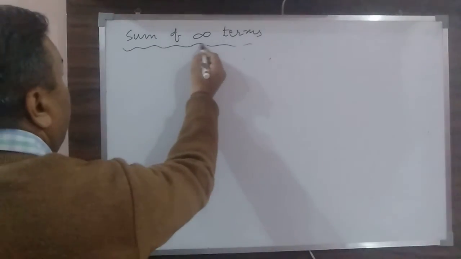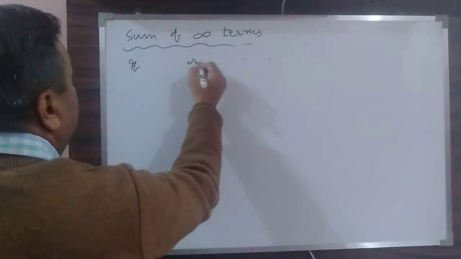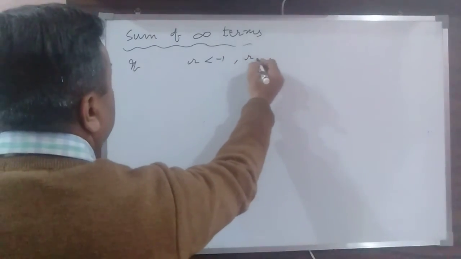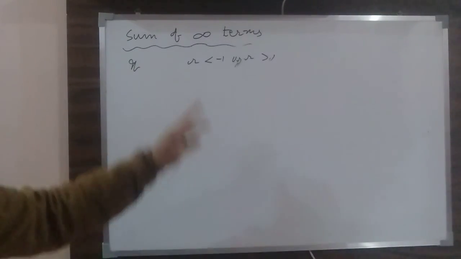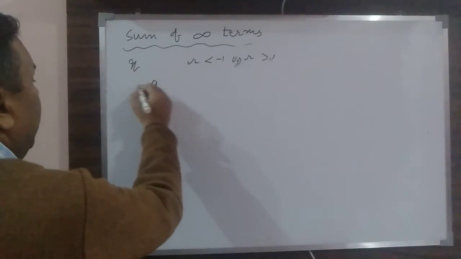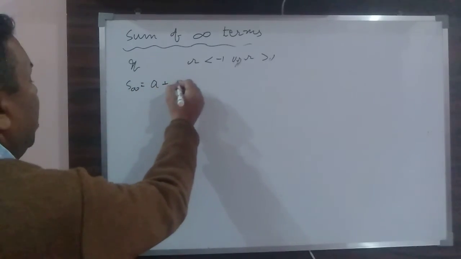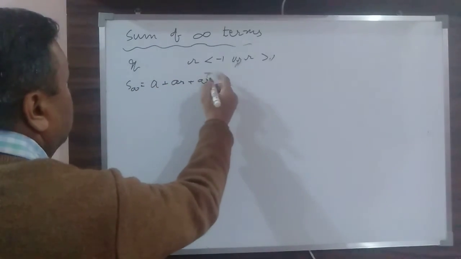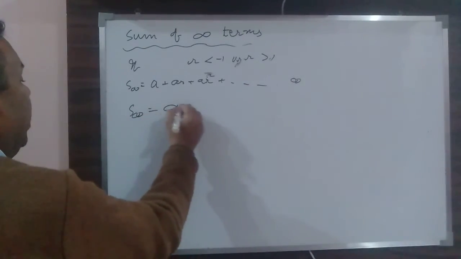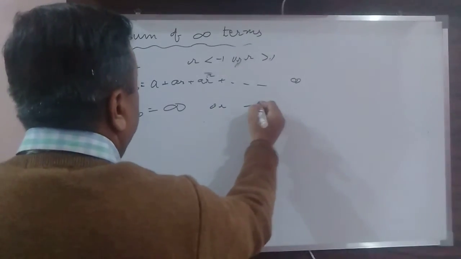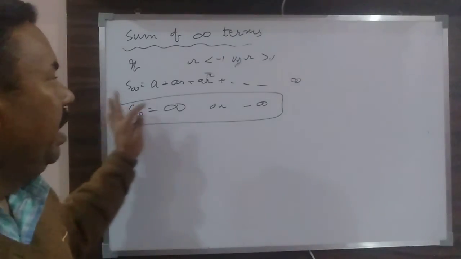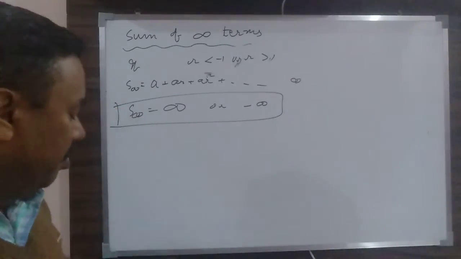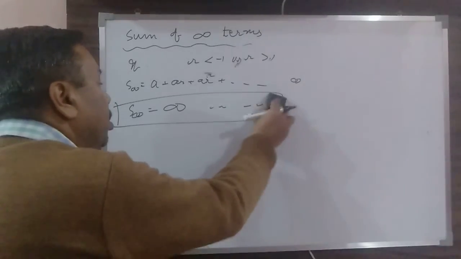In that case, if r is less than minus 1 or r is greater than 1, then obviously your sum to infinity will be a plus ar plus ar square up to infinity, and the sum will be infinite or minus infinite, whatever the case is. Better to write it as infinite only.